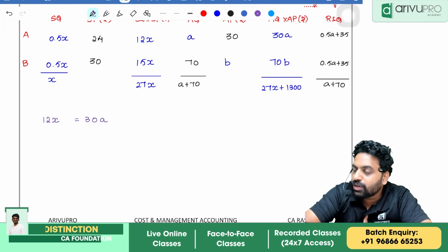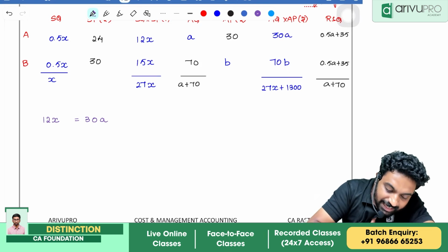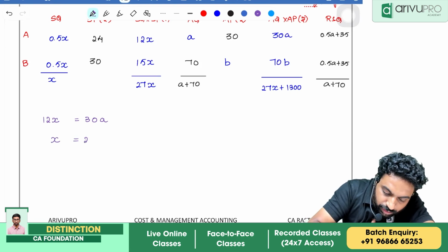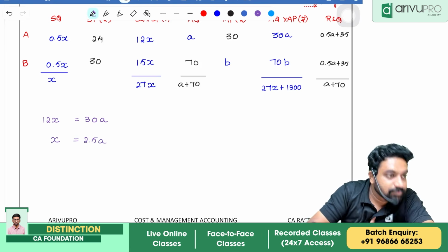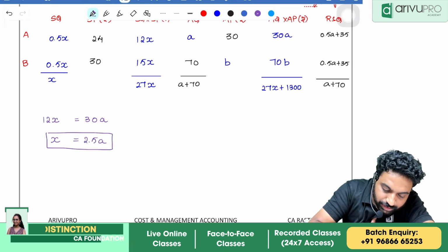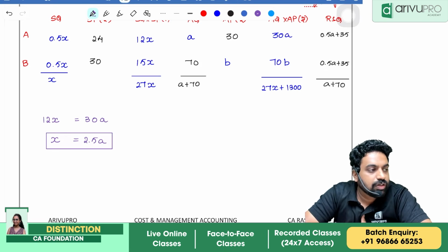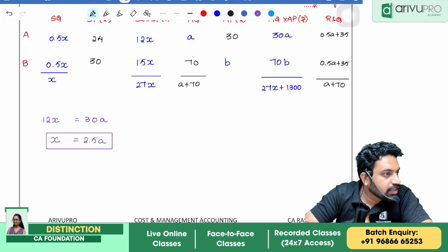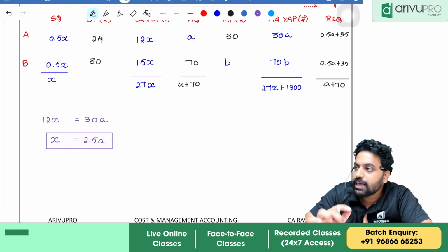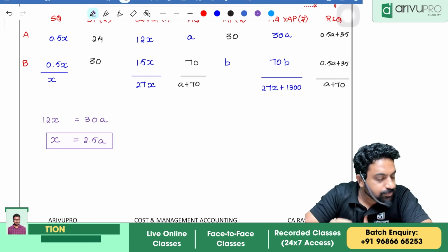Can I write x is equal to 2.5A? Now, one information is taken from the given data. Anyone, any doubt in this? No? Shall we proceed now?